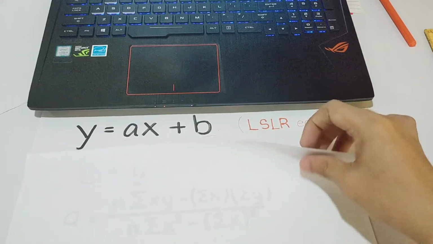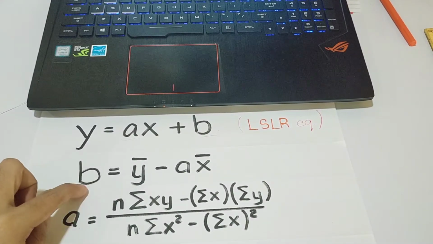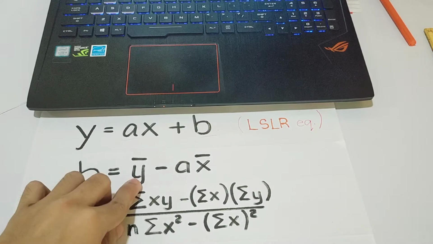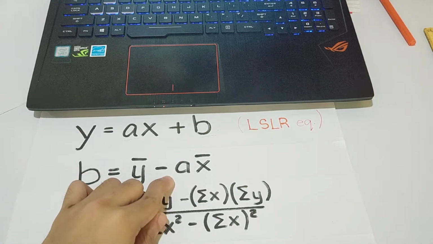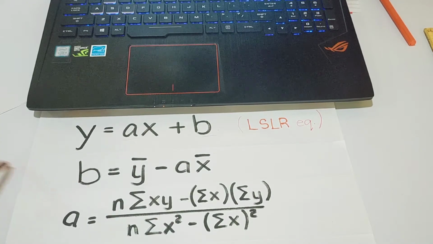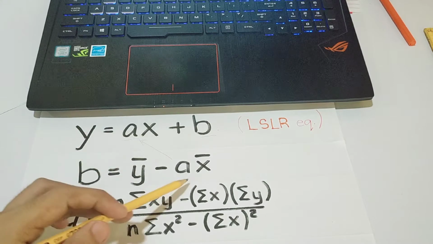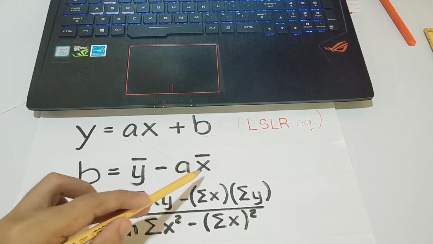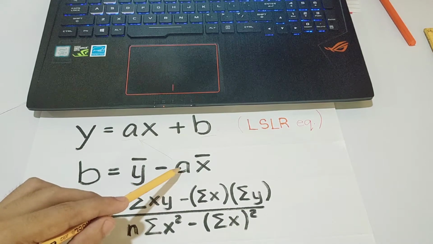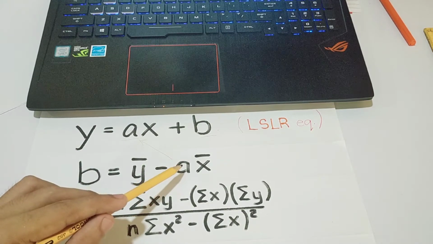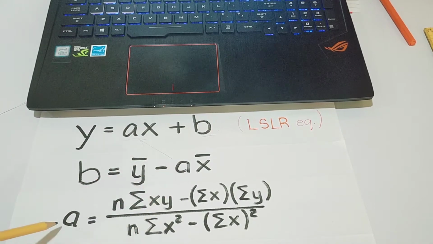Here we have b equals the mean of y, or the average of y, subtracted by a, referring to a above, multiplied by the average of x. Since we haven't computed yet the value of a, we need to first compute the value of a, given by the next equation.